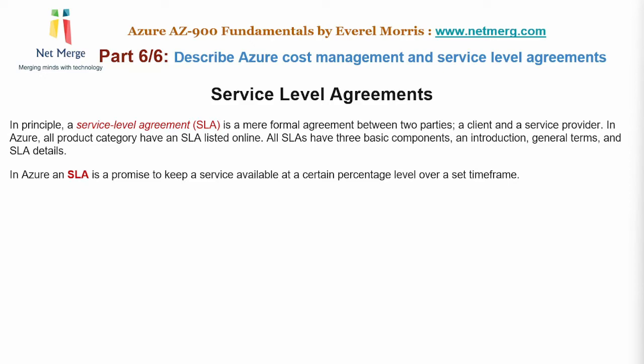It has an introduction, general terms, and an SLA detail body. Now, in Azure, an SLA is a promise to keep a service available at a certain percentage level. That's high availability. Remember when I first introduced it, I spoke about your service being up 99.99% of the time or 100% of the time. That is your Azure SLA. That's what we are talking about now.